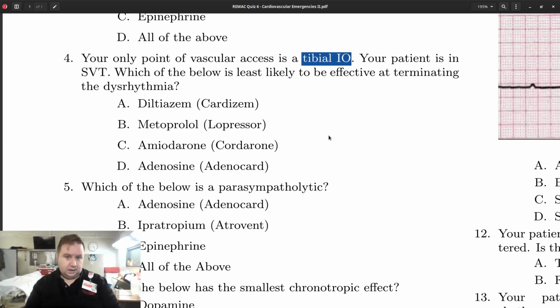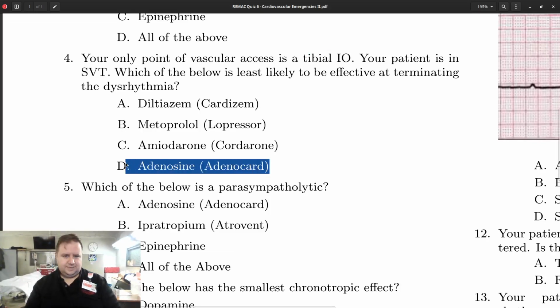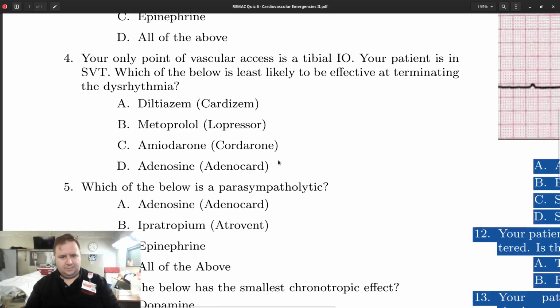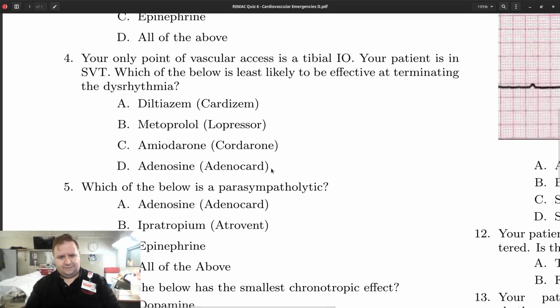So a tibial IO or any sort of lower extremity access is not that. And so for that reason, adenosine is not likely to be effective, because by the time it gets to the heart, after having been pushed through a tibial IO, it's very likely to have been completely metabolized out due to the travel time and due to the fact that it's an IO.